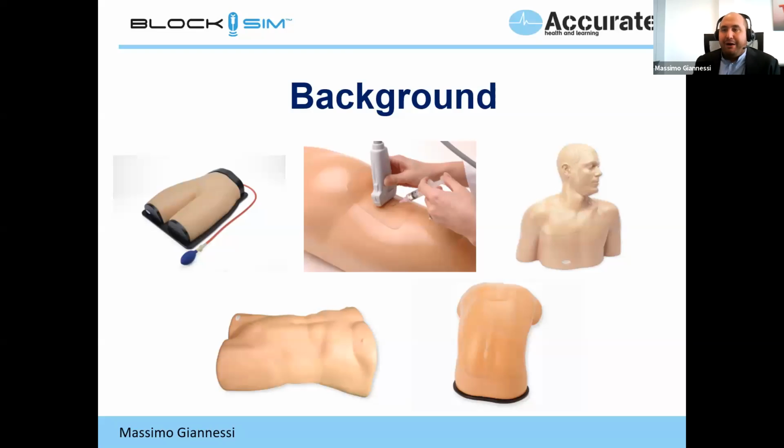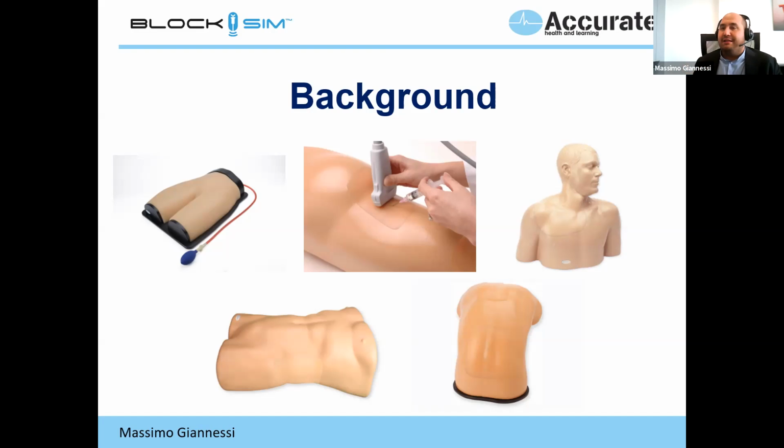So we are not talking about interfascial plane blocks, but only nerve blocks. So femoral, sciatic, epidural, central, only nerve blocks. Second point, all these mannequins have a cost, of course, 5,000, 6,000, depending, but they have an insert that is almost the cost of the entire simulator, because the rest of the simulator is foam and plastic, and that insert is the one with the texture that allows the ultrasound probe to see inside.